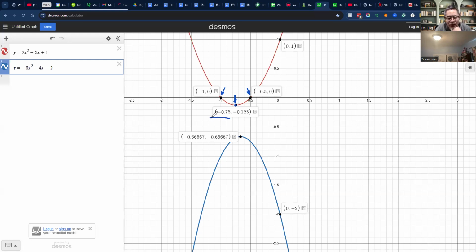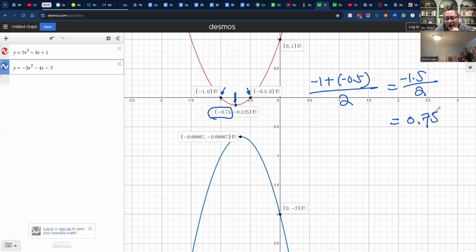You can see that this is the point, negative 0.75, right in the middle, which is the average of these 2 points. So it's negative 1 plus negative 0.5 divided by 2, which gives us negative 1.5 divided by 2. That will be exactly negative 0.75. So that's one of the properties.